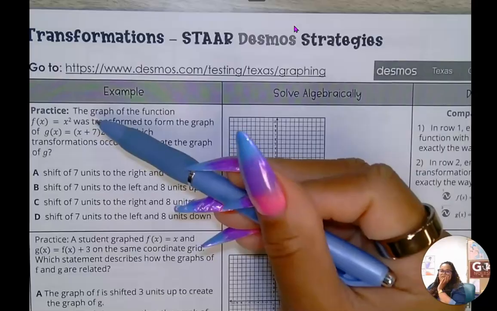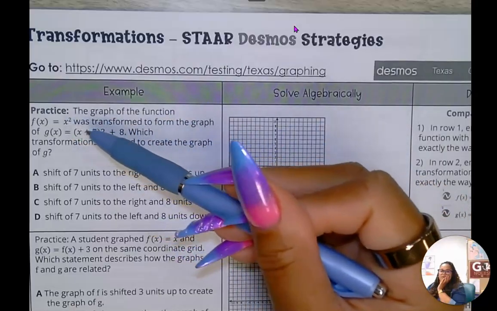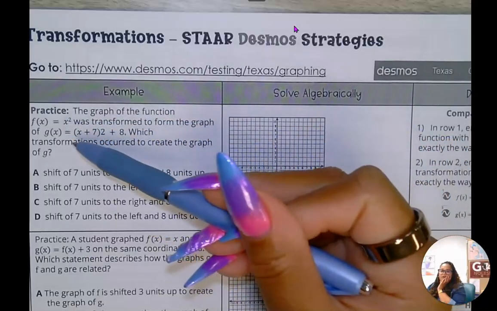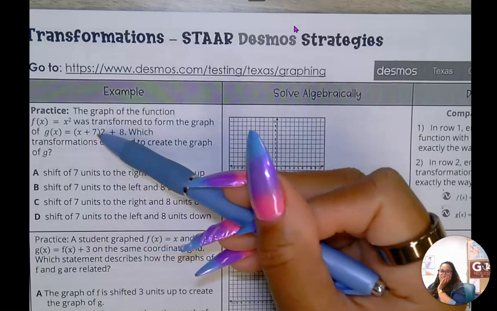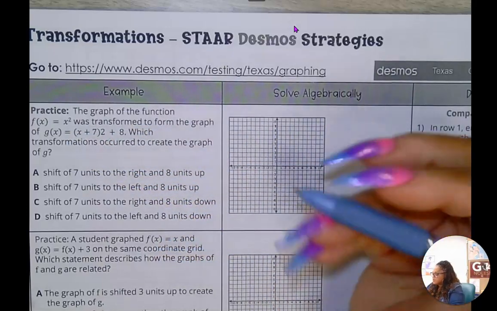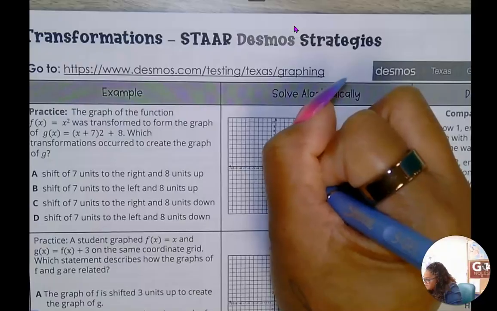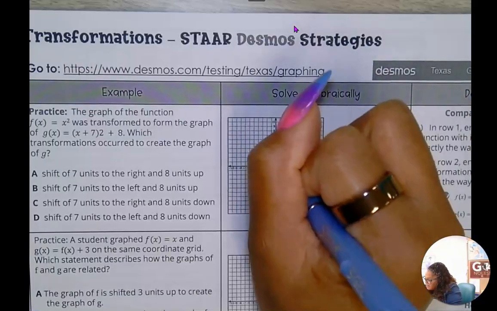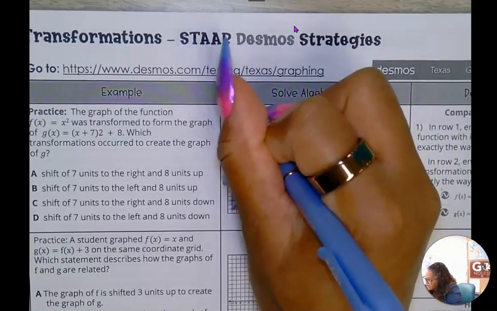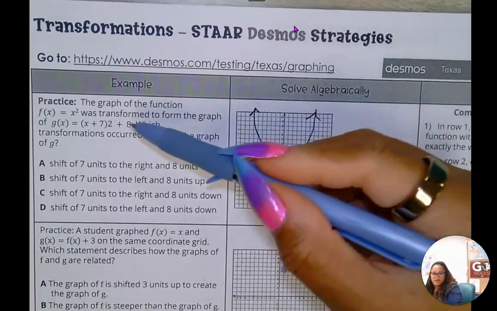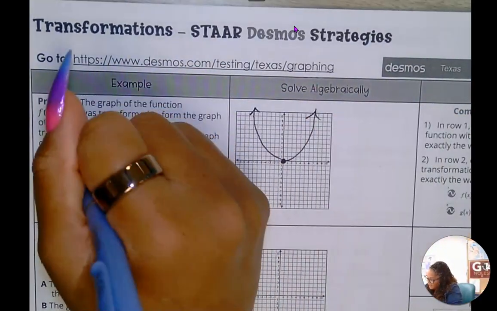It says practice. The graph of the function f of x equals x squared was transformed to form the graph g of x equals (x plus 7) squared plus 8. So f of x equals x squared typically starts here and makes a general parabola. But this one has h, k.